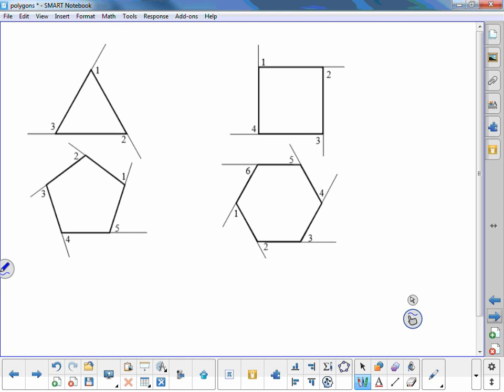Now, if you look at these, you see these angles on the outside. These are called exterior angles, okay? Because they're on the outside of the polygon.